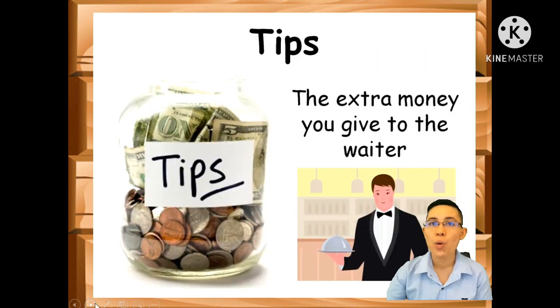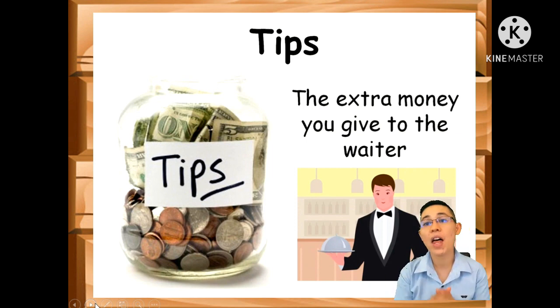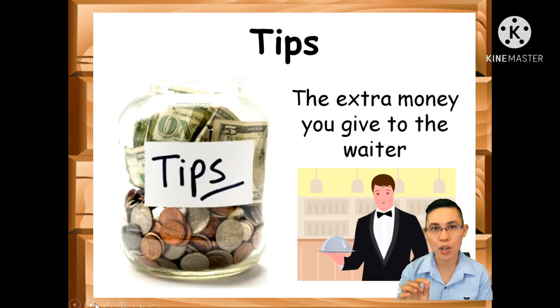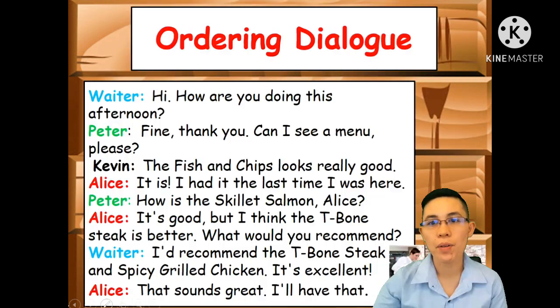Next we have, sometimes if the waiter is so generous to us and we are happy, we actually give them a tip, or tips. Like example, we give them some amount, let's say 20 baht, 50 baht.